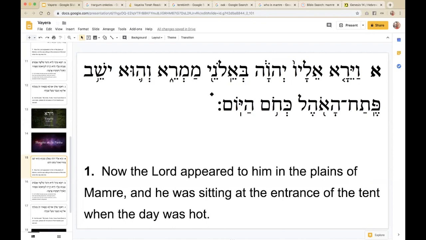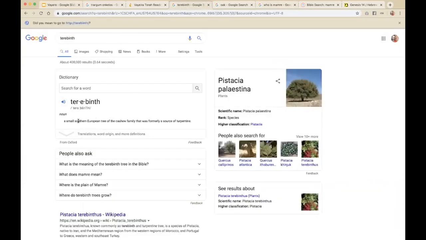So I was talking to my Hebrew teacher in my Hebrew class, and he was explaining that he believes the correct translation is actually terebinths of. I just wanted to first show you a picture of a terebinth. A terebinth is a small southern European tree of the cashew family that was formerly a source of turpentine.